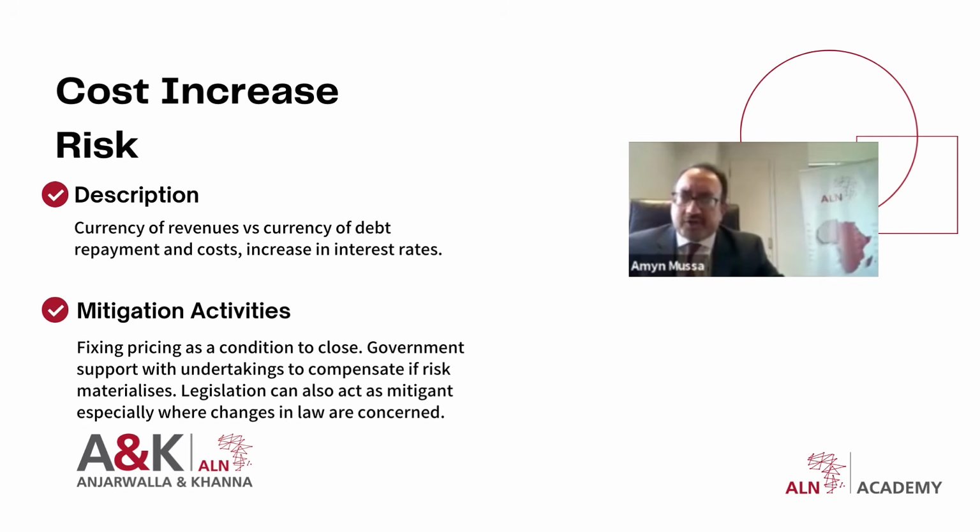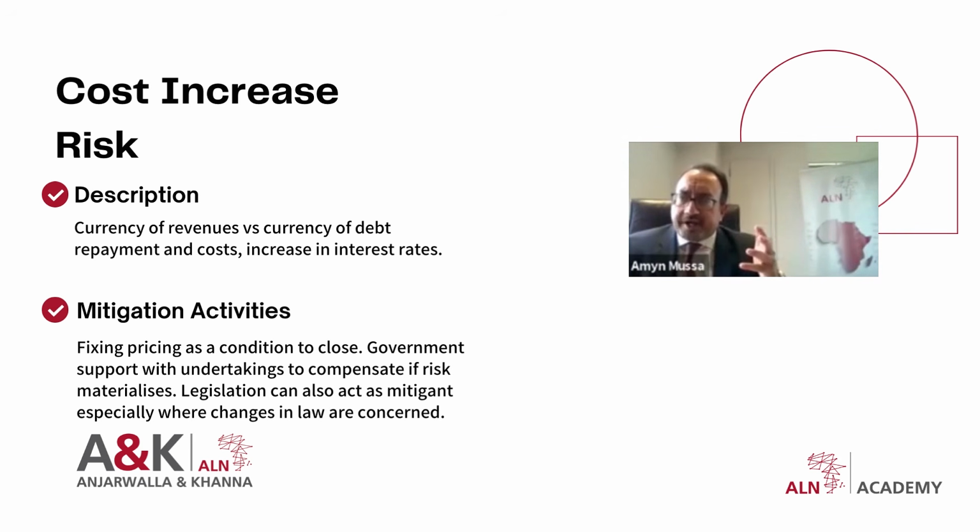There are risks associated with cost increases, financial risks that need to be considered by all parties. What if the local currency devalues? Who bears that risk? Is it the government? Is it the developer? Is it the contractor?